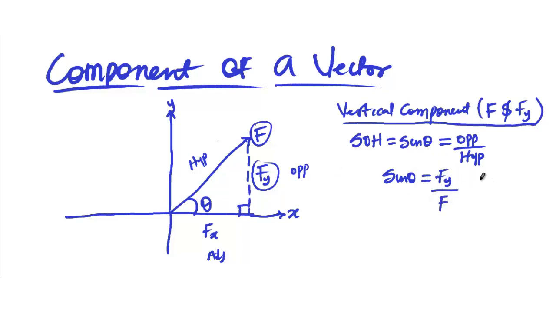So if I cross multiply, I'm going to have f subscript y equals f sine theta. So this implies that the vertical component of this particular vector, if the angle of inclination is to the horizontal, is f subscript y equals f sine theta.